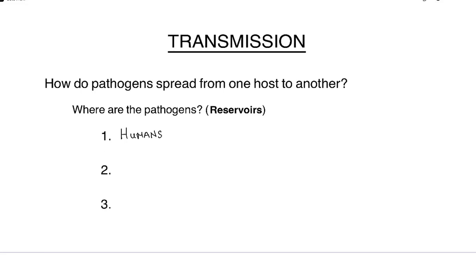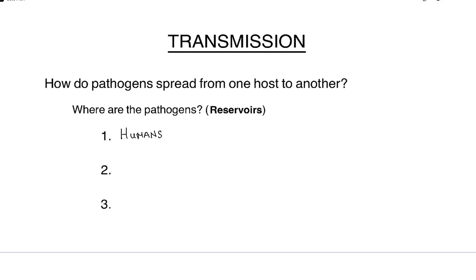COVID-19 is definitely human adapted. It wasn't in 2019, but it is now. So humans are usually the default reservoir. When you get sick, you usually get it from another human. But there are other places as well.